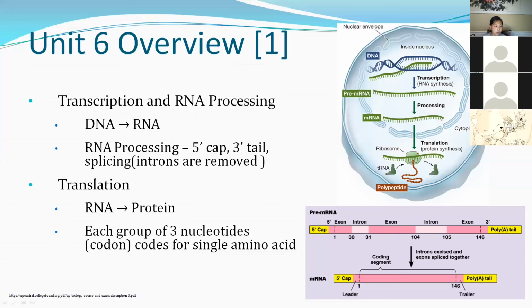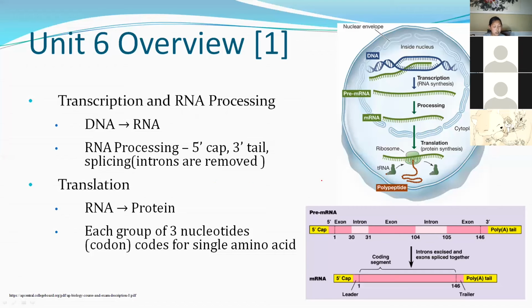So the splicing happens, and then the mRNA, the RNA which was made inside the nucleus, will now travel outside the nucleus to be translated into a protein.